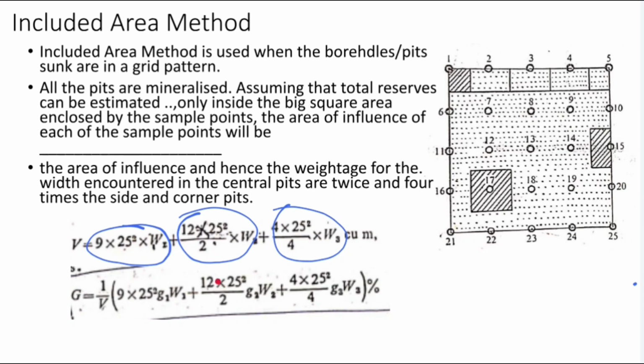Sorry, 25 by 4, this is for this one, na? For this borehole, the area of influence is like this. But we are doing this in the included area method, so this borehole will influence only this part. So this part is like 25 square kilometer by 4.